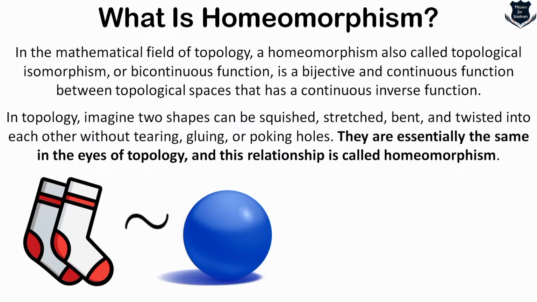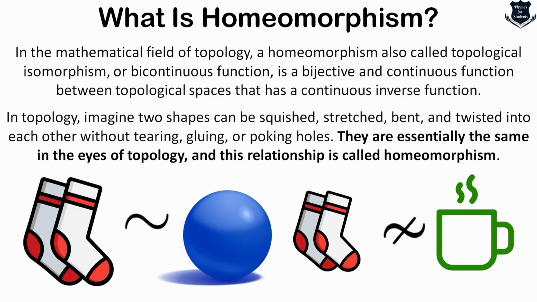So just try to imagine in your mind that if you get a pair of socks where you can blow air, then definitely it can turn into a sphere. Whereas the same socks cannot be turned into a coffee mug, and this is not a homeomorphism.